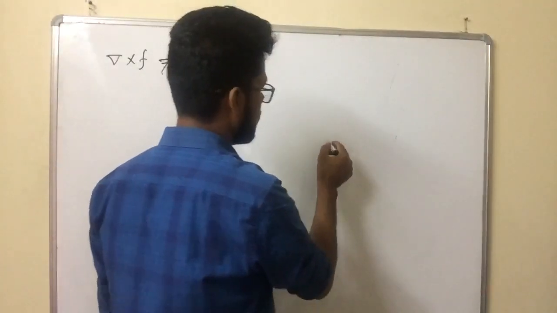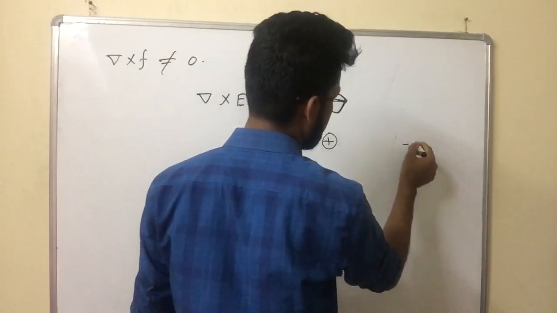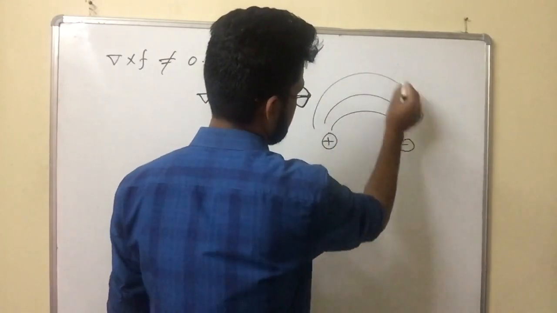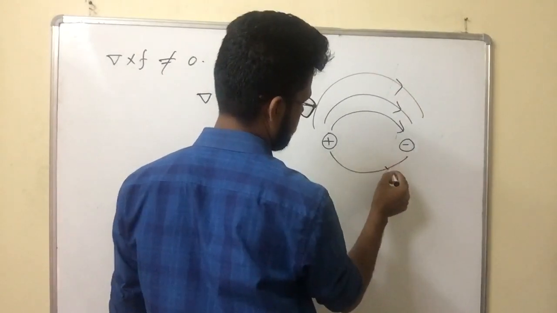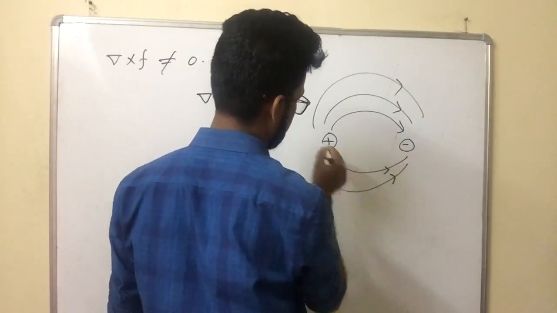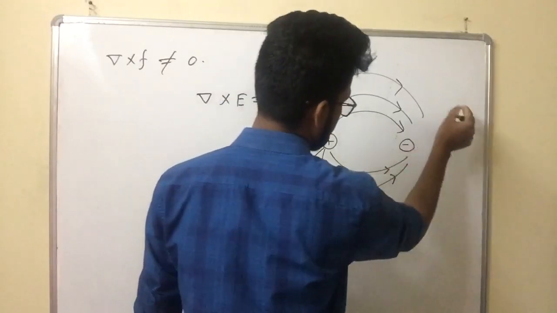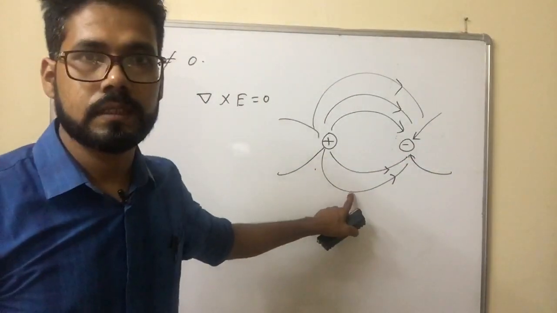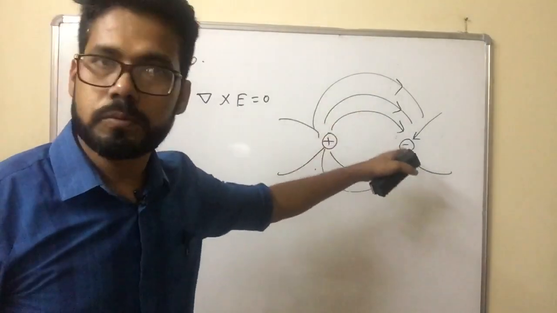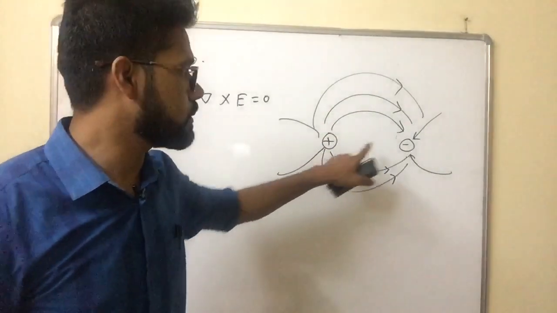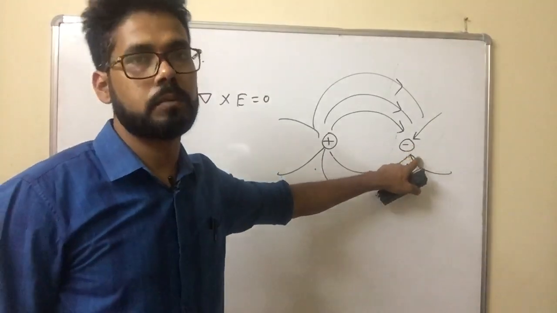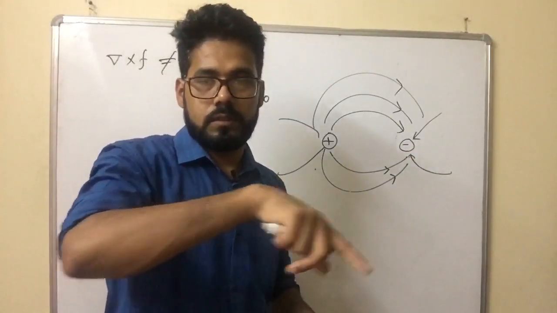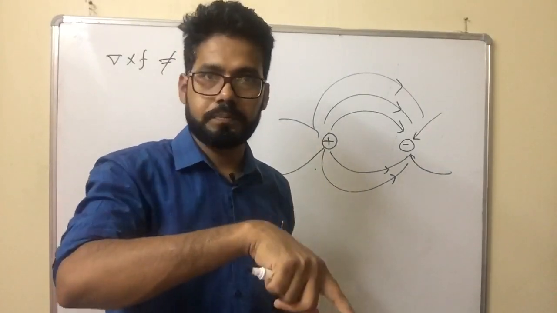In the David Griffiths book, you will find this type of diagram of lines of force. Lines of force always start from positive and end at negative, but never come back from negative to positive. That means there is no circulation.